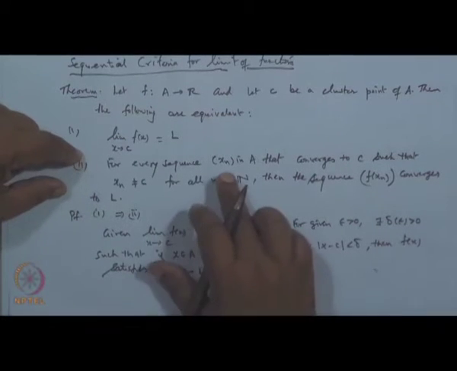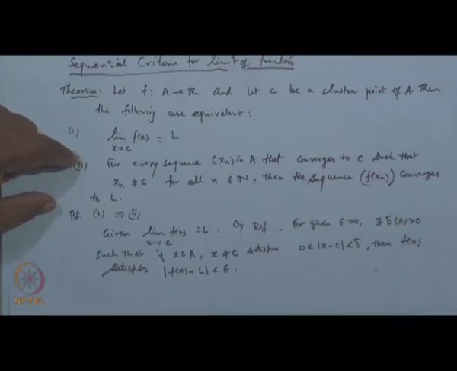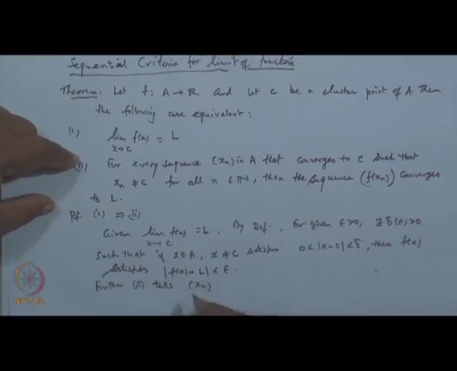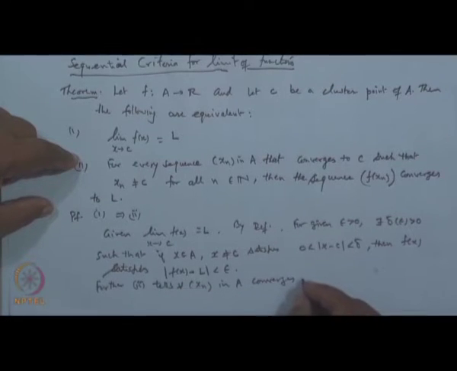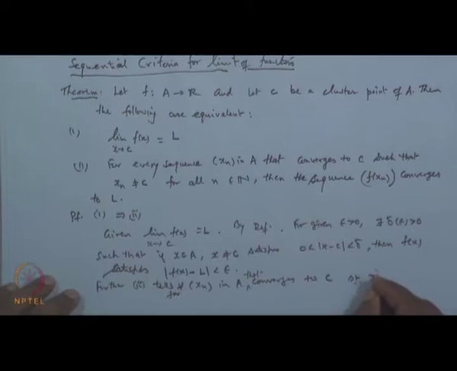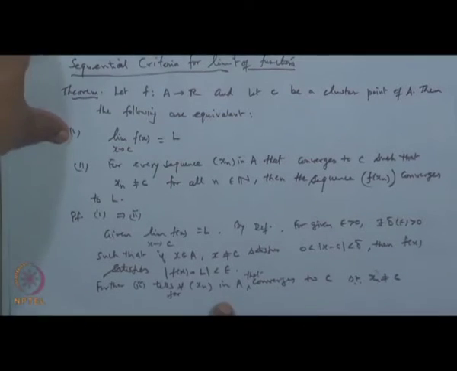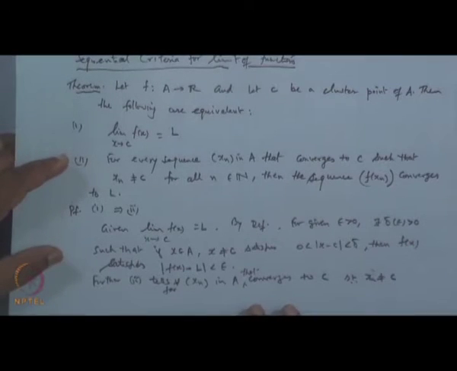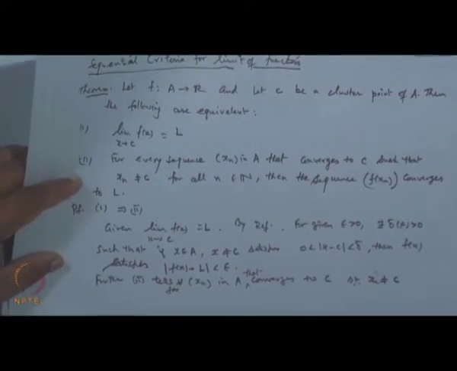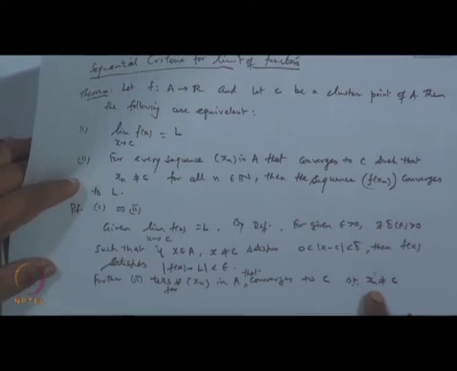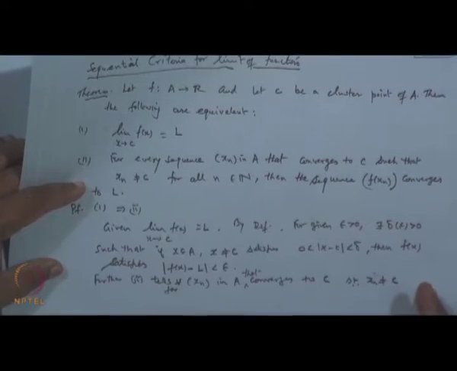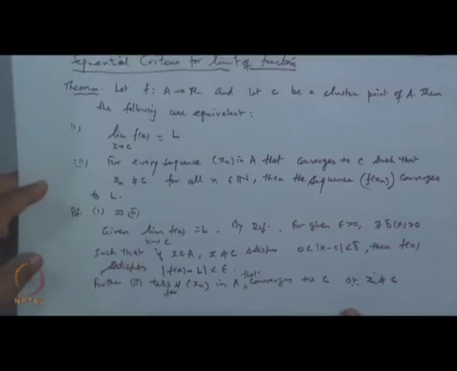From 2, what is known is that we have a sequence x n that converges to C. So, from 2, for every sequence x n in A that converges to C, such that x n is not equal to C. When x n converges to C, it means for a given small number, say I take delta, for a given delta we can identify a K such that when n is greater than K, the difference of x n minus C will remain less than delta.